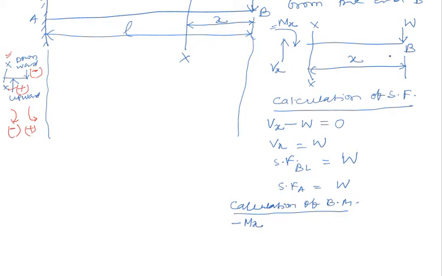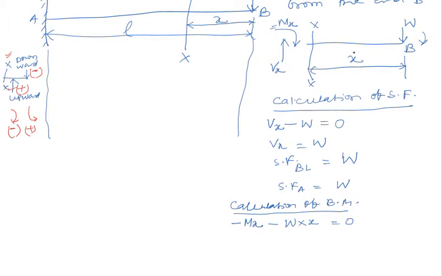So the total algebraic sum of bending moment will be minus Mx, and this load is acting downward, so it will be a clockwise moment in this direction, so this will also be negative, that is W into x is equal to 0.